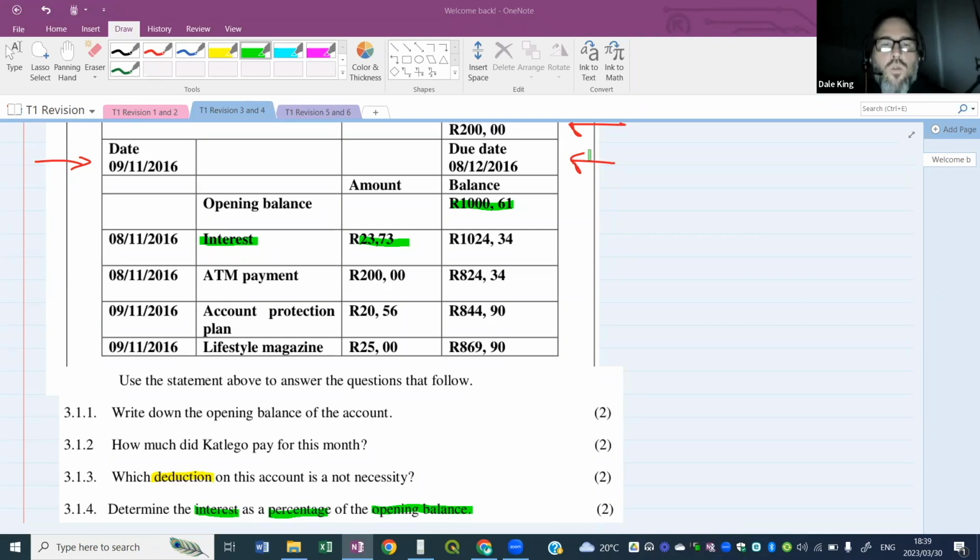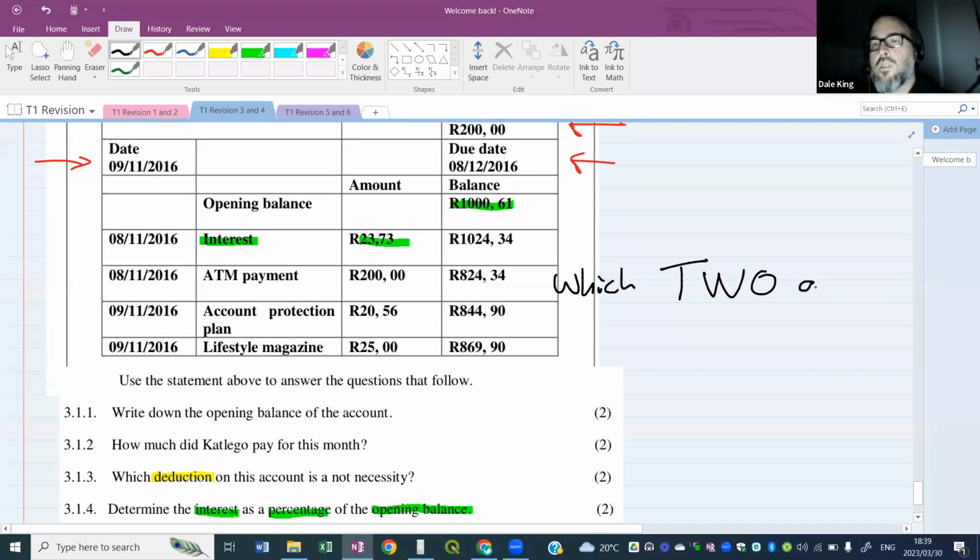So even though it's 2 marks, the word deduction is singular. If you wanted 2, they would have said which 2 deductions, plural. That would mean you need 2. They'll actually write the word 2. In fact, in the exams and the finals, they put the word 2 in capitals. So they'll say which 2 deductions.